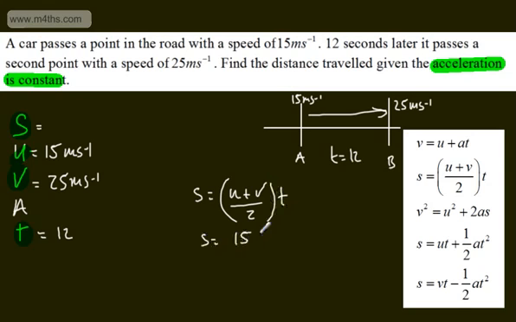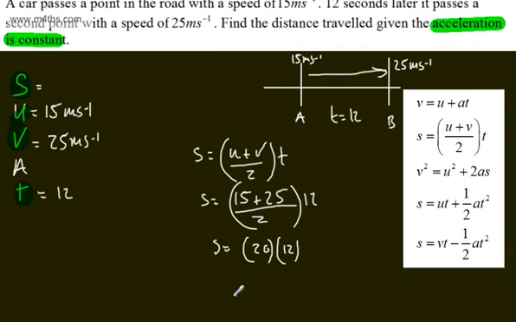We've got 15 plus 25 divided by 2 multiplied by 12. So that's going to be 40 over 2, which is going to give me 20. 20 multiplied by 12 gives 240. So S is going to be 240 meters.